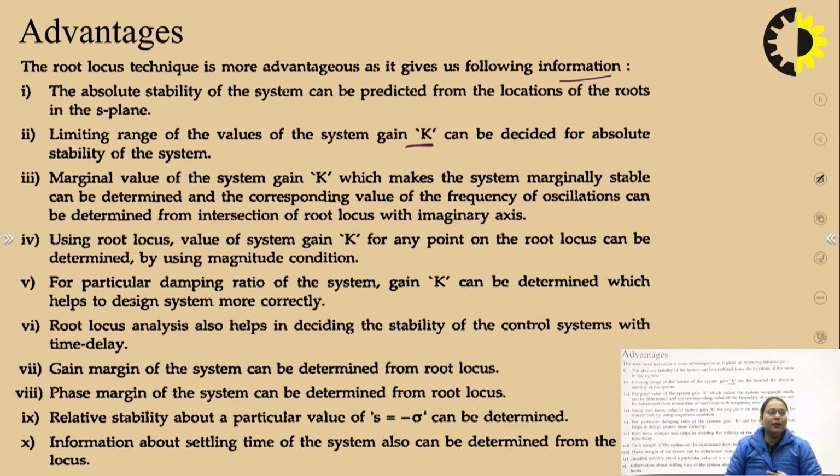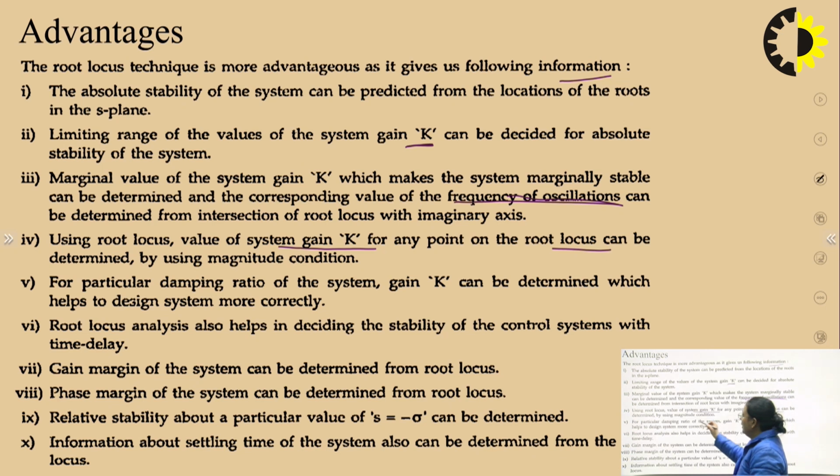And the marginal value of the system gain K, which makes the system marginally stable, can be determined, and the corresponding value of the frequency of oscillations can also be determined from the intersection of the root locus with the imaginary axis.